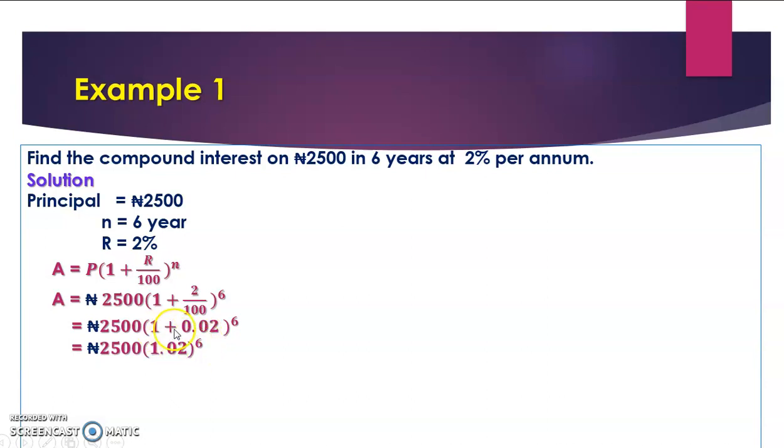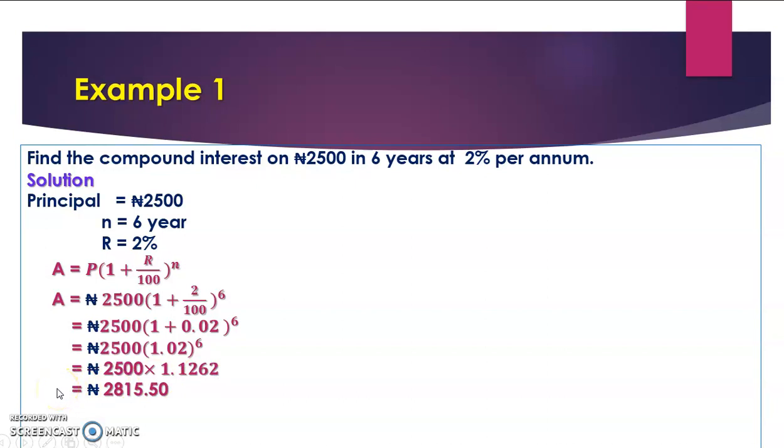Now 1 plus 0.02 will give us 1.02. Amount is equal to 2,500 times 1.1262, because 1.02 raised to power 6 will give us 1.1262.